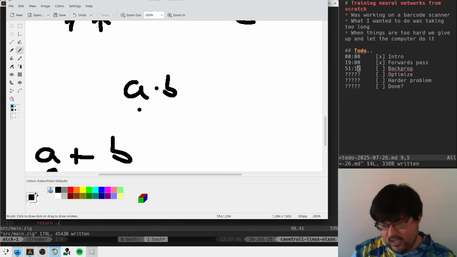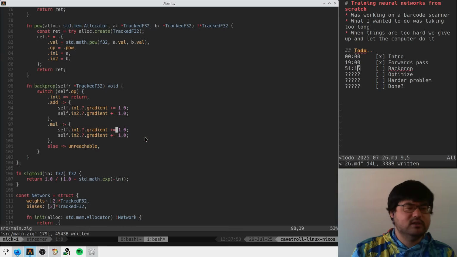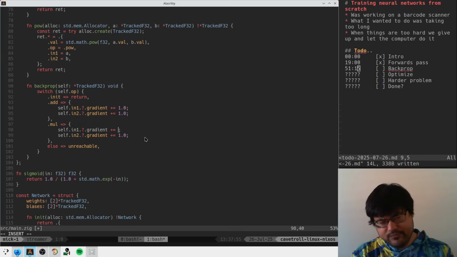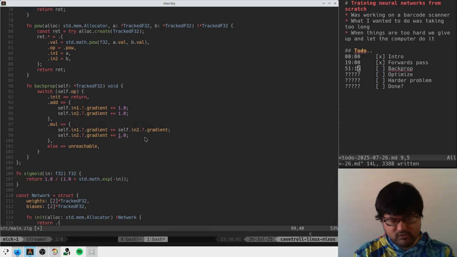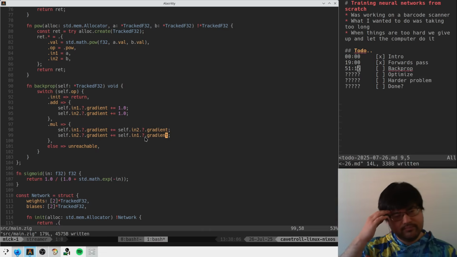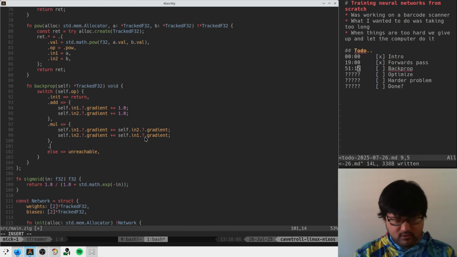So any change in A increases by B and vice versa, right? So the gradient of 1 is added by the value of 2 and vice versa. That seems reasonable to me.